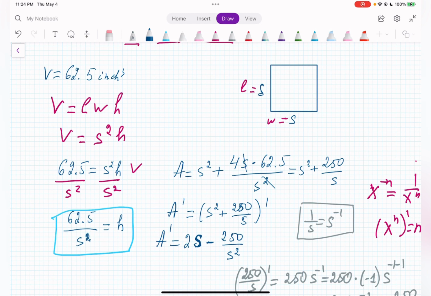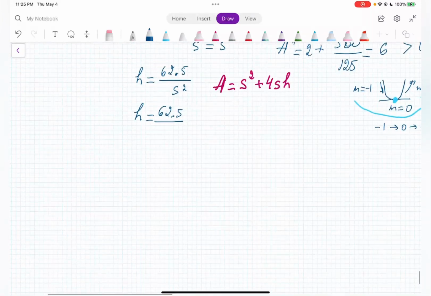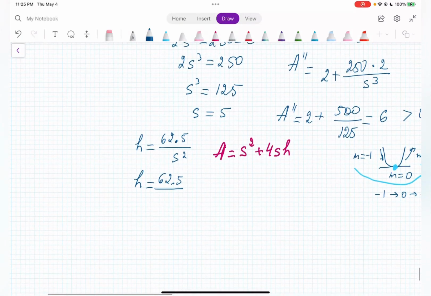Yeah, 62.5, that's right. So 62.5 divided by 25, and we are getting 2.5.